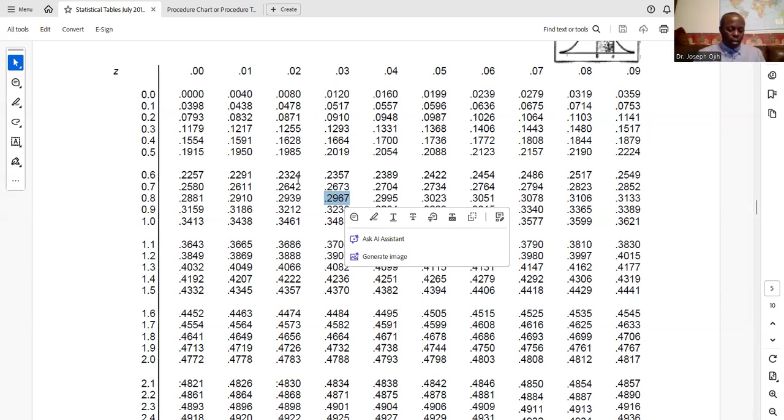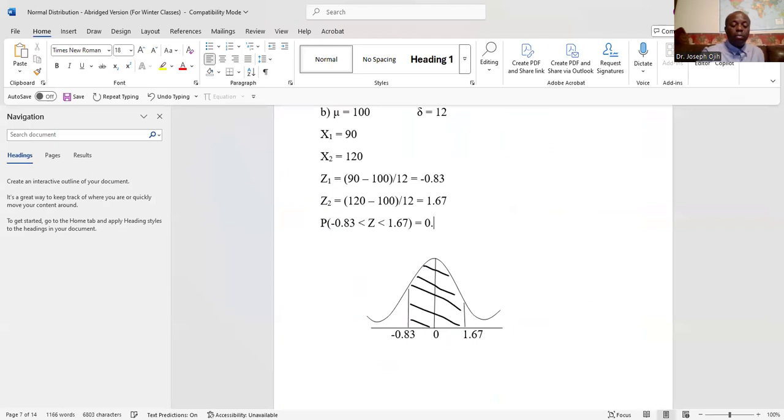Write this down. The probability of negative 0.83 less than Z less than 1.67: for 0.83, the value is 0.2967, and for this one, let me put this first, 0.2967.